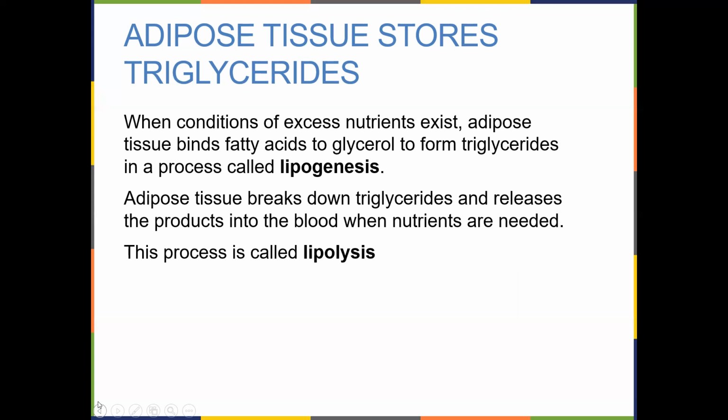If we maintain a high fat diet or a high carbohydrate diet, let's say we have lots of carbohydrates. Well, carbohydrates are broken down to glucose. Glucose is the sugar that shows up in our blood as blood sugar.